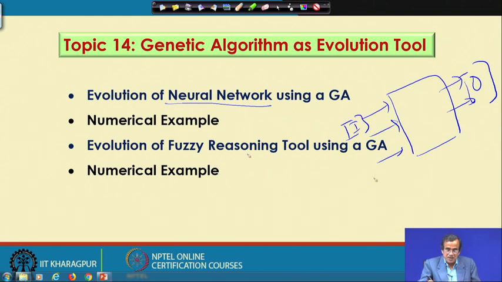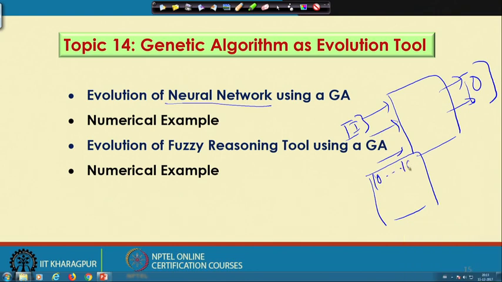So, corresponding to a particular GA string, we get one multi-layered feed forward network, we pass all the training scenarios, a large number of training scenarios one after another, we find out how much is the error in prediction, we find out the average error in prediction, that is the MSE, the mean squared error in prediction corresponding to this first GA string.